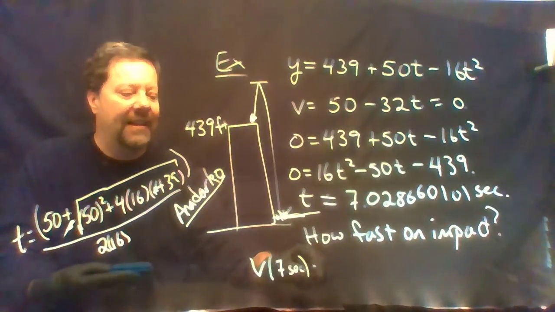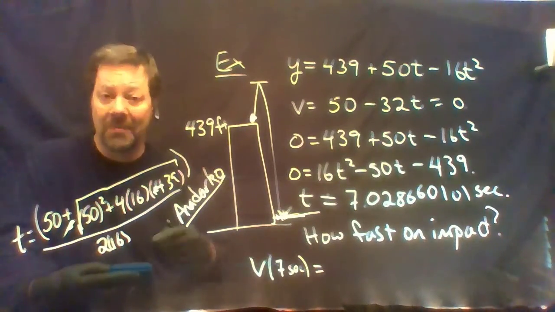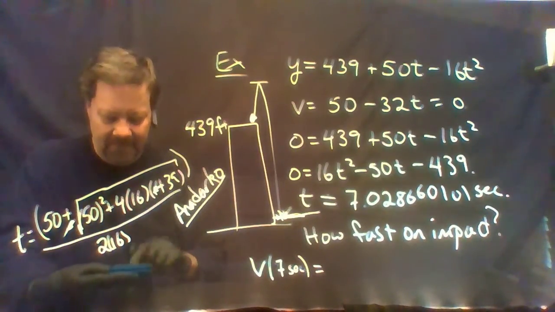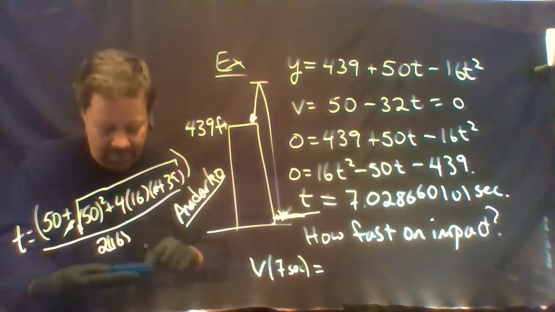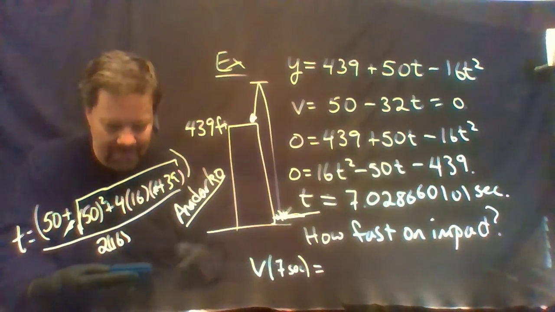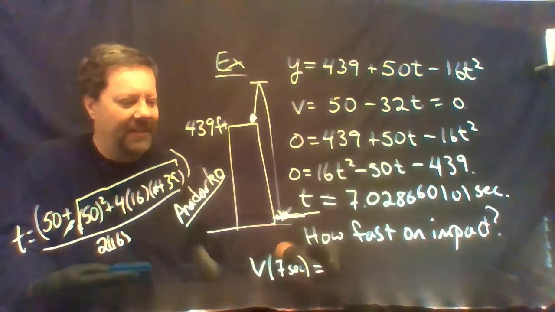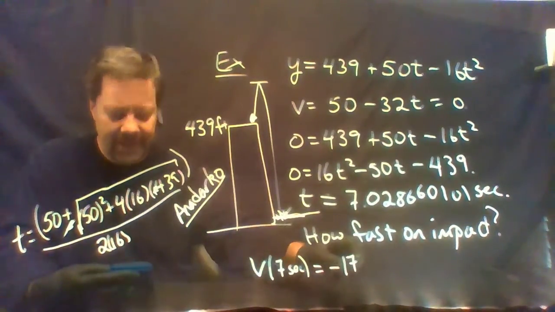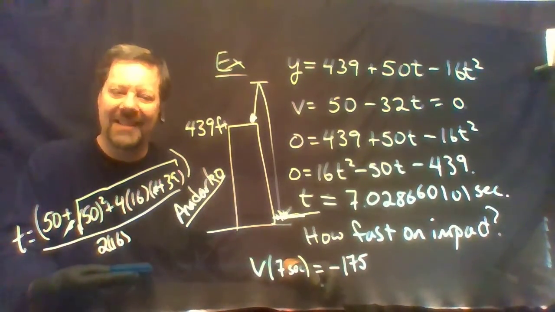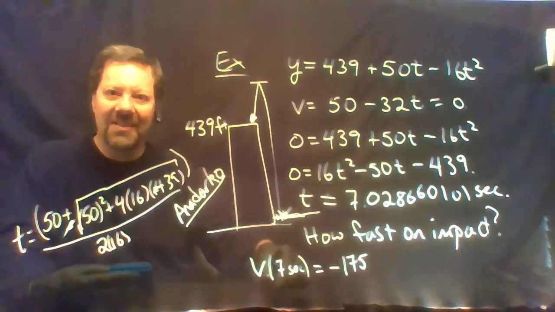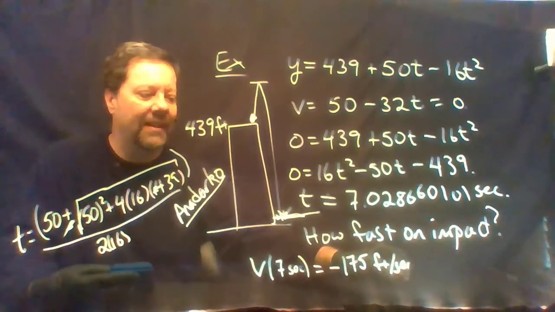We have to plug in that 7 seconds into the velocity function. What do you get? I get minus 175-ish. What are the units of this answer? This is a velocity. This is going to be in feet per second.